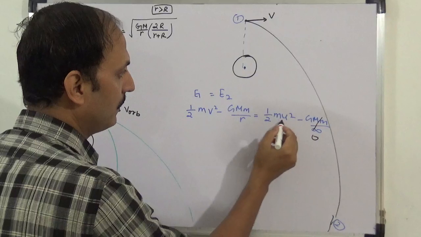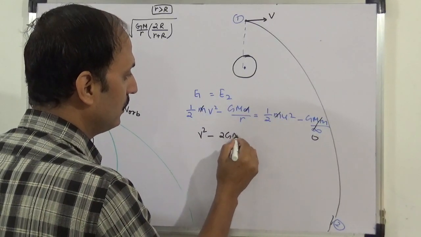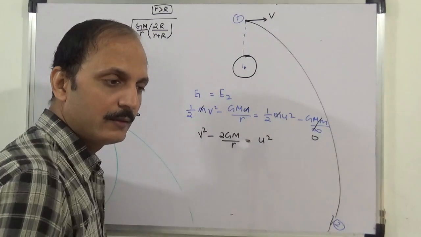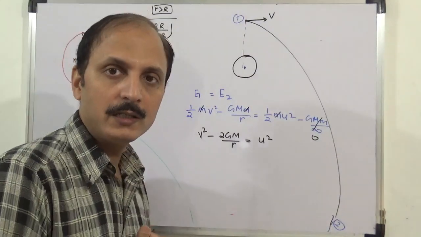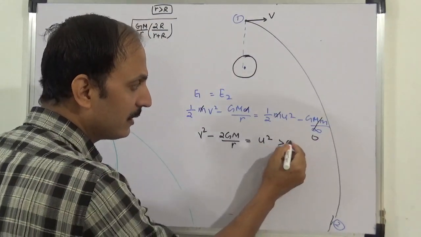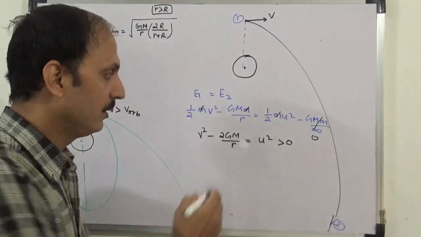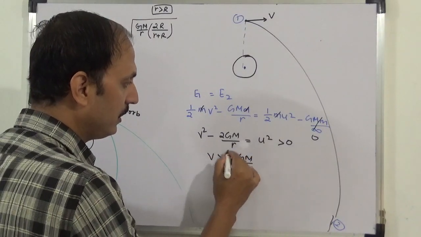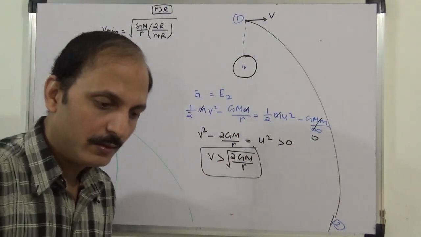Here this cancels out, so v square minus 2GM by r is equal to u square. So at the very far distance where the gravitational pull becomes very weak, gravitational potential energy becomes negligible, at that position if u is greater than 0, then the satellite will not return. So here I can see v is greater than the square root of 2GM by r. If velocity is more than this, then the satellite will not revolve around the Earth.